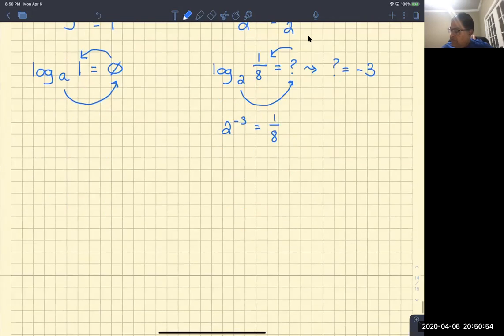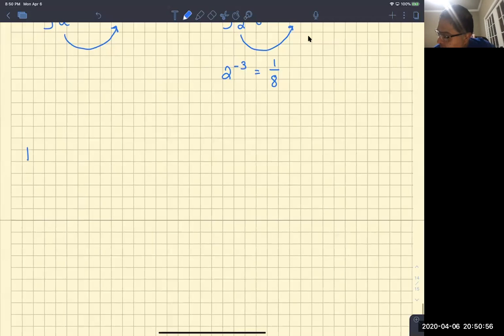Here's another one. 16 to what exponent gives me 4?